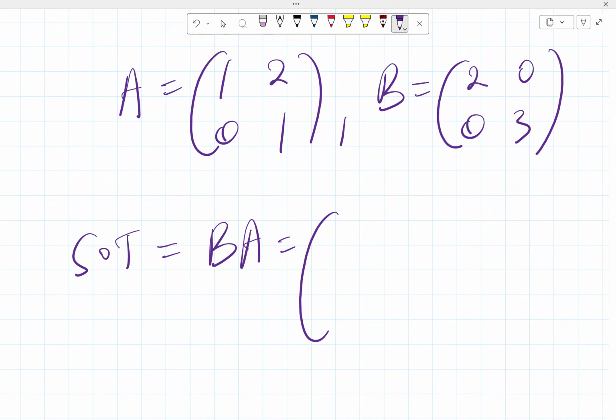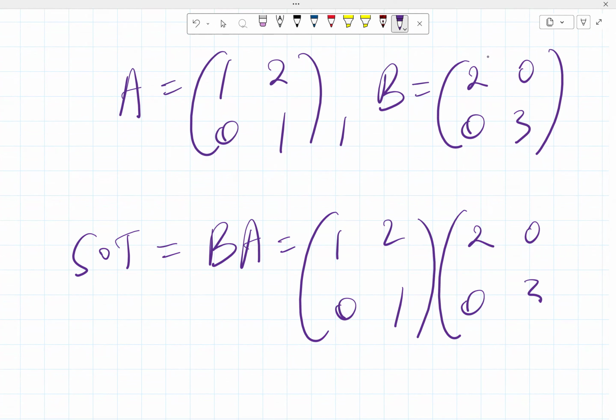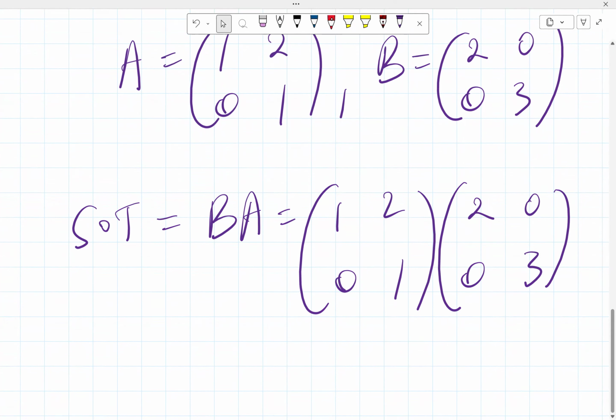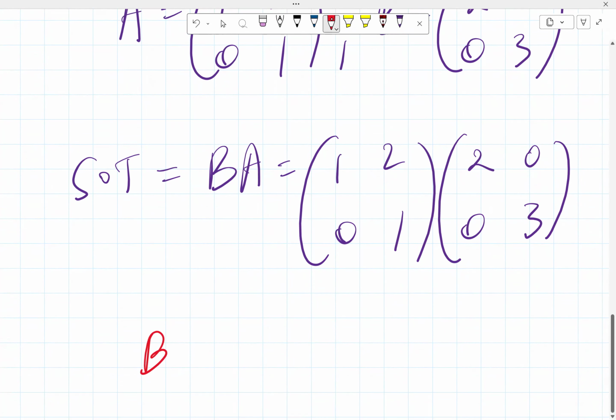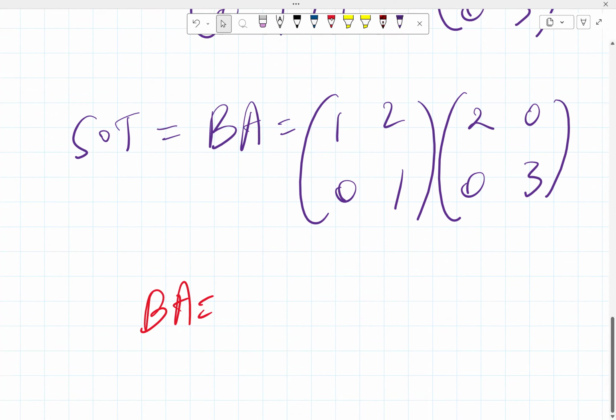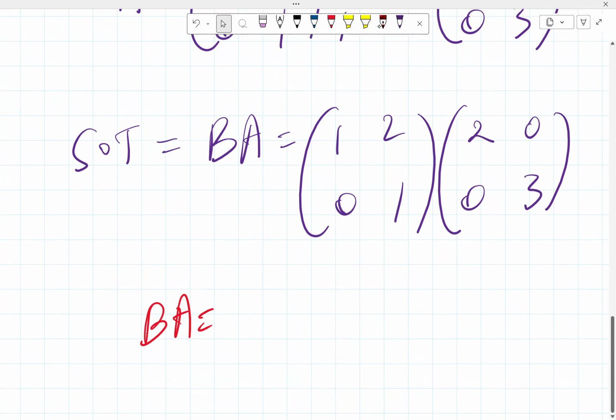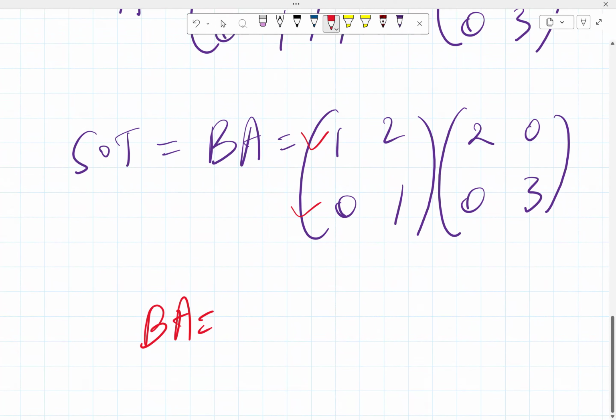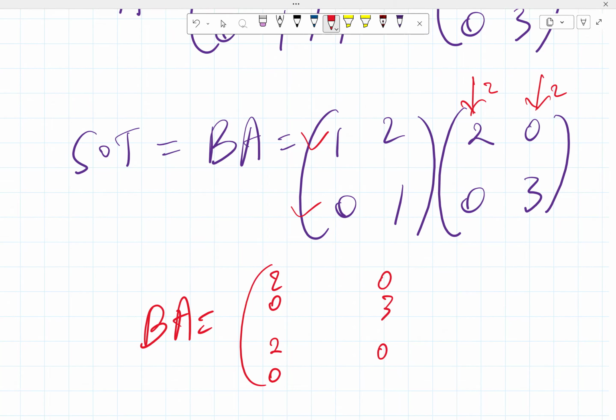That means we have 2, 0, 0, 3 multiplied by 1, 2, 0, 1. And like I've always explained, an easy way to do this: go look at the first matrix. How many rows does it have? It has 2 rows. So that means you're going to write each column twice. So that means you have 2 0 2 0 and then 0 3 0 3.